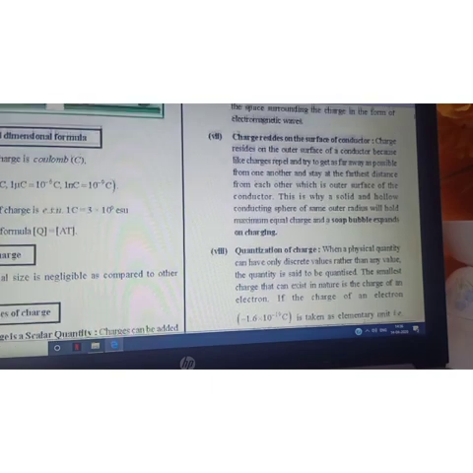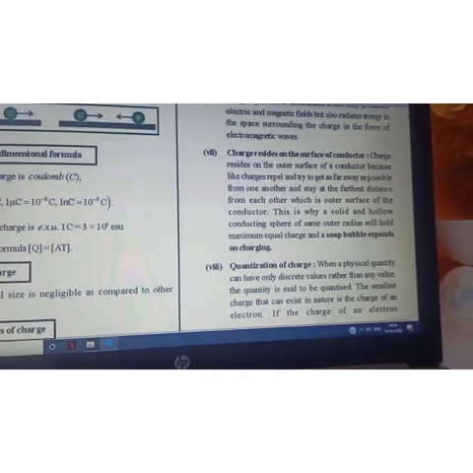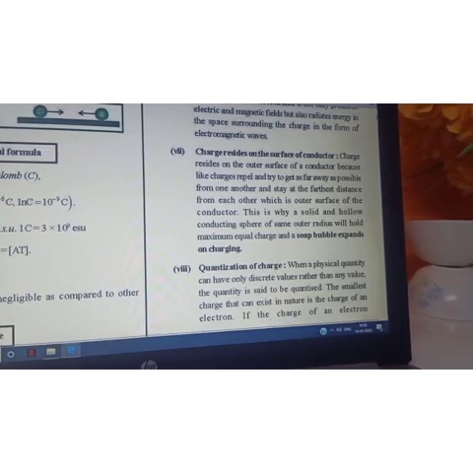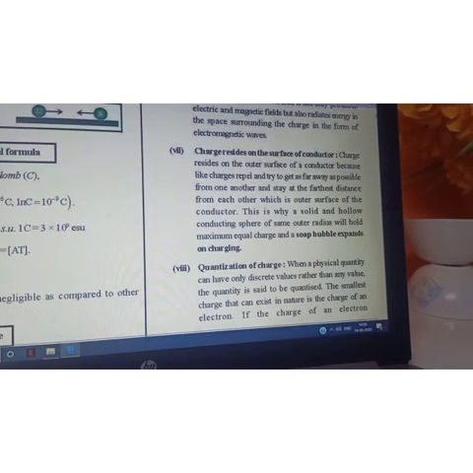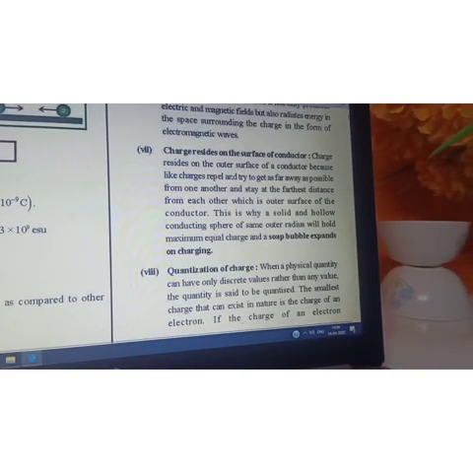In this chapter we discuss the electric field that charge produces. And charge resides on the surface of a conductor. You can stop the video and note down the notes given here.